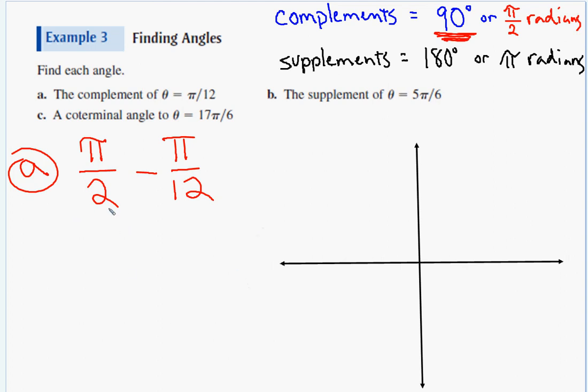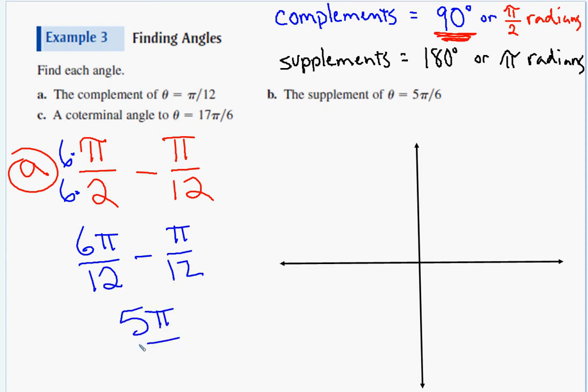Well, it looks like we're going to need a common denominator. So I want to get a common denominator of 12, so I'm going to multiply top and bottom by 6. So now that's going to be 6 pi over 12 minus 1 pi over 12. 6 pi minus 1 pi, well, that's 5 pi. 5 pi over 12 is our complement, the complement of pi over 12.